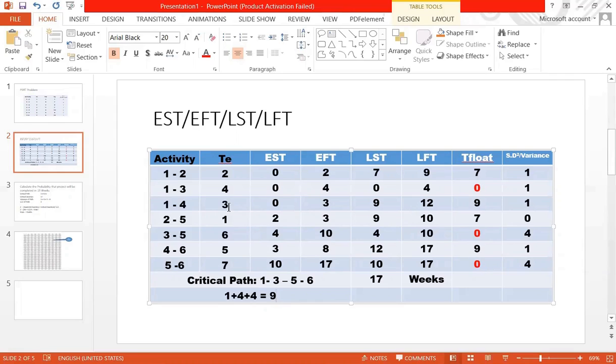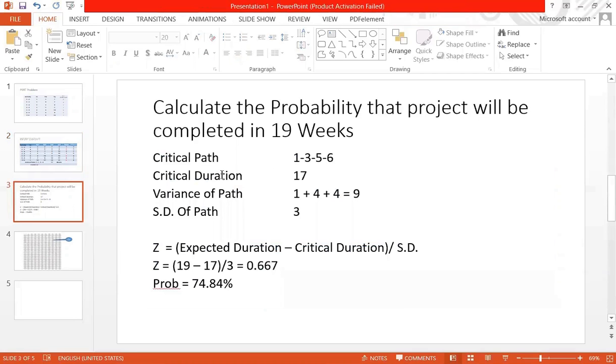Now in case of a PERT problem, you may also be given that what is the probability of completing this project in a particular estimated time. So here, whatever we have calculated, I have written over here. Critical path is 1 to 3, 3 to 5, and 5 to 6. Critical duration is 17.